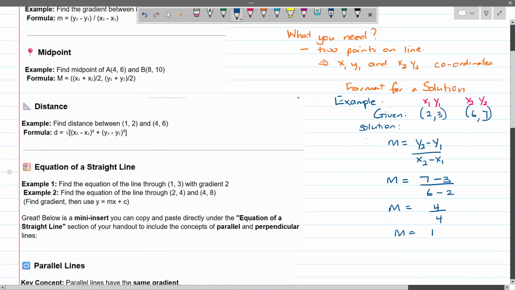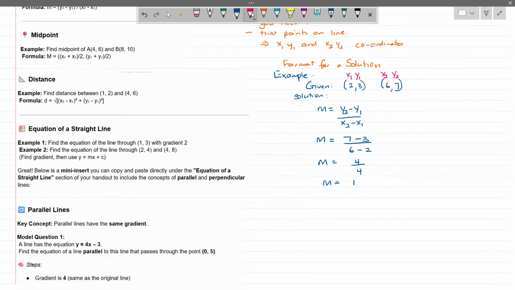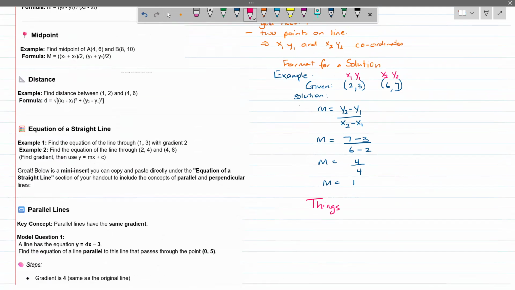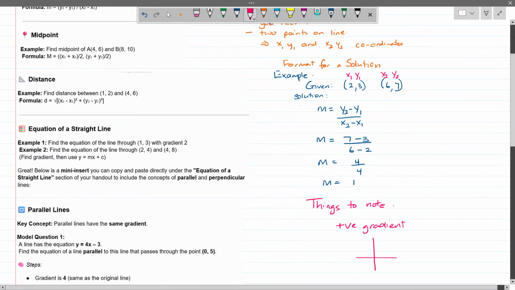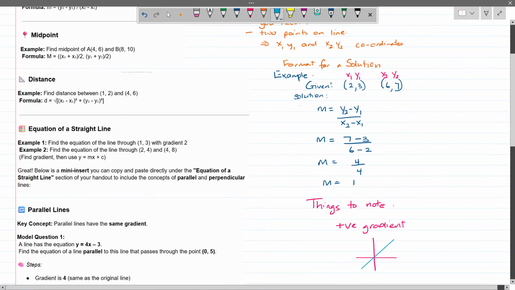So some other things that we could note about the gradient of a line. So I'll put this as things to note. Positive gradient will always give us, if this is our axis here, an upward sloping line.